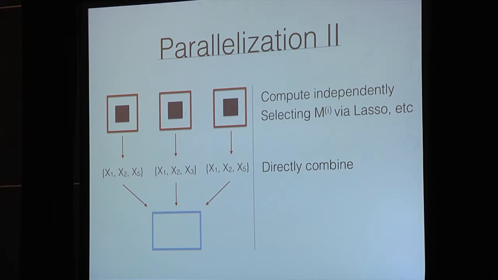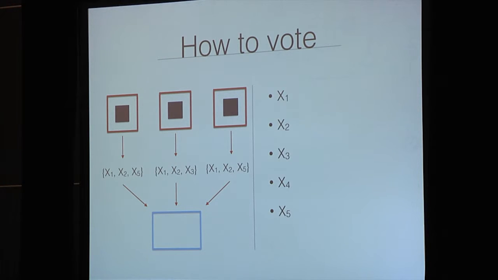Can we do averaging again? Probably not. You cannot average sets. I think the most intuitive way to combine sets is to do voting. How to vote? That's very simple. You ask each subset to select its favorite features, then scan over them, look at each feature, and count how many subsets vote for it.